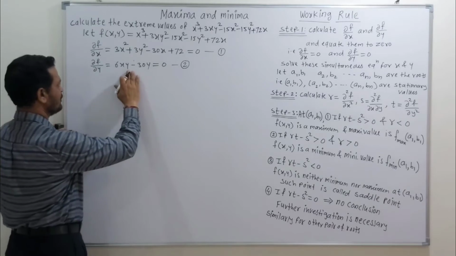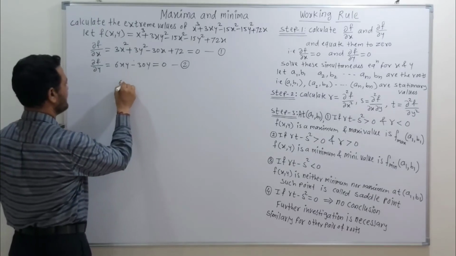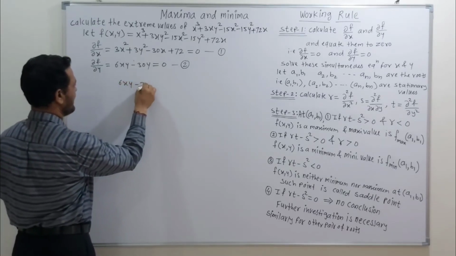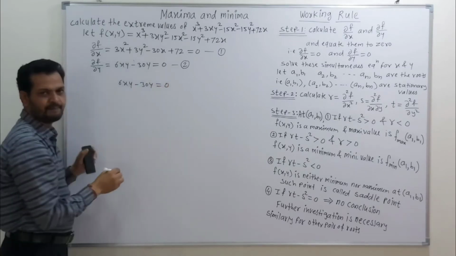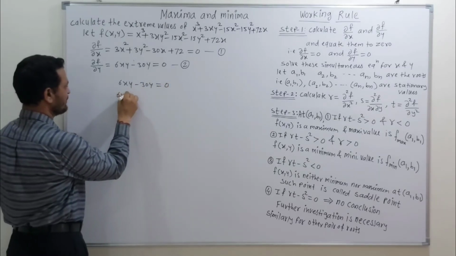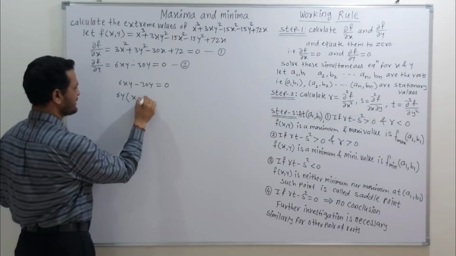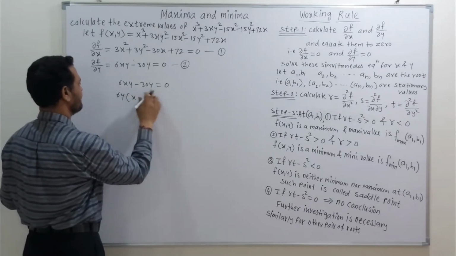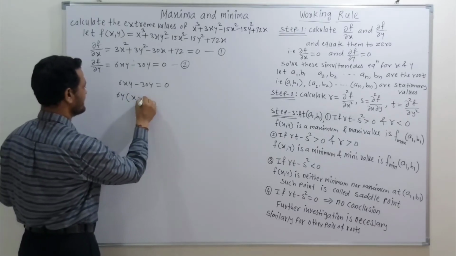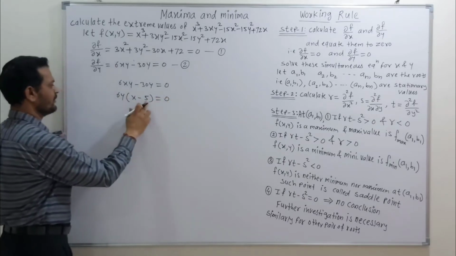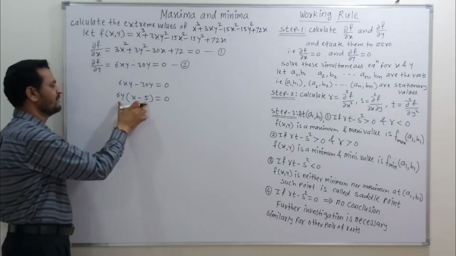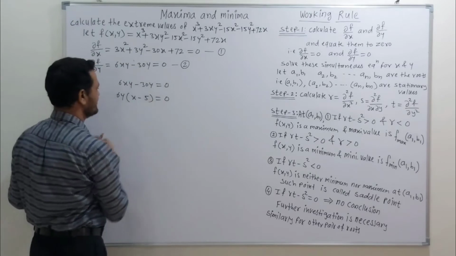So from this equation 2, we get 6xy minus 30y is equal to 0. If we take the term 6y common, this is x minus 5, so 6y times x minus 5 equal to 0. So 5 6s are 30. Then we get this is equal to 0.